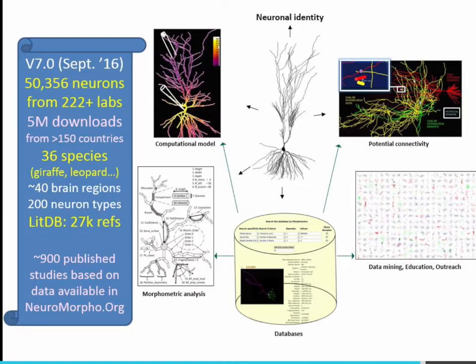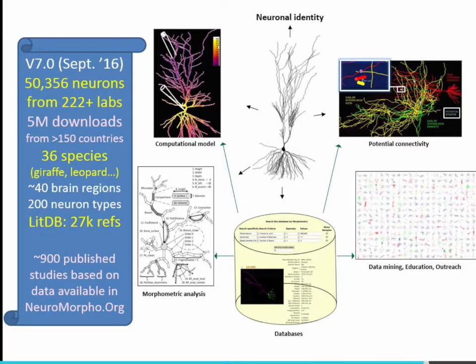The third one, which is becoming more and more popular for the reasons I explained, is to compute the potential connectivity. You can take the dendrites of one neuron, the axons of another neuron, and sweep the space of possibilities to say what their optimal placement is to have a greater chance to form synapses, for example, and so forth. And finally, there is quite a bit of data mining and education outreach.